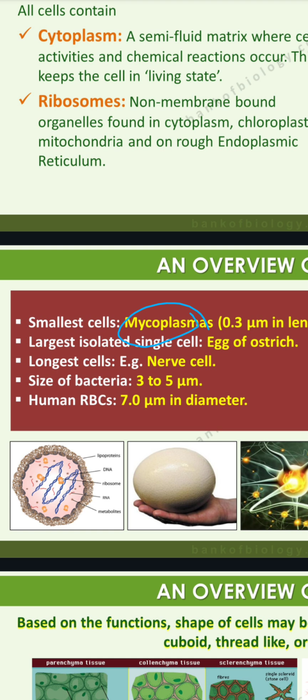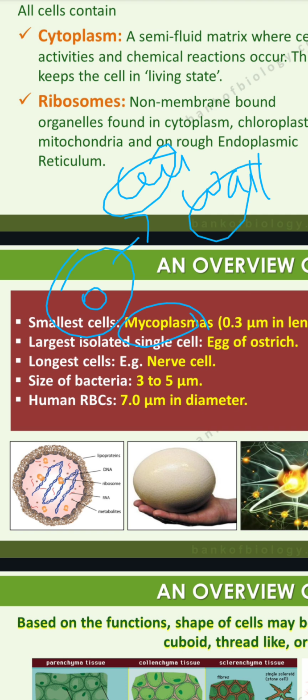You learnt in your earlier classes that bacteria have a cell wall. Plant cells and bacterial cells have a cell wall as an extra covering other than the cell membrane. But Mycoplasma, even though it is a bacterium, lacks a cell wall.